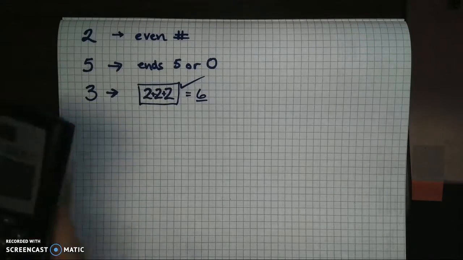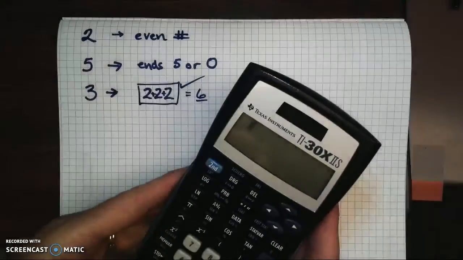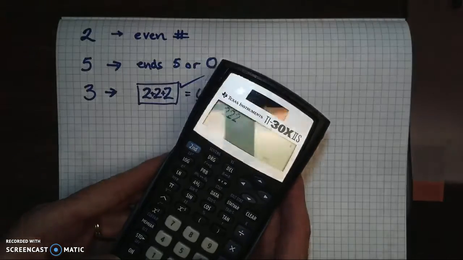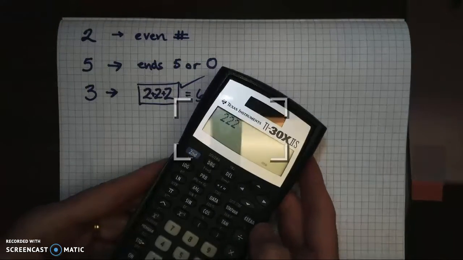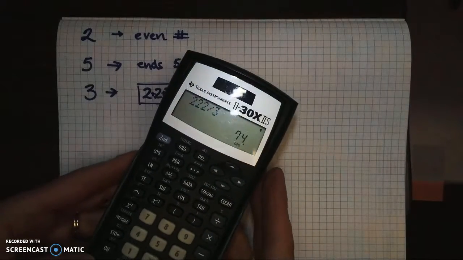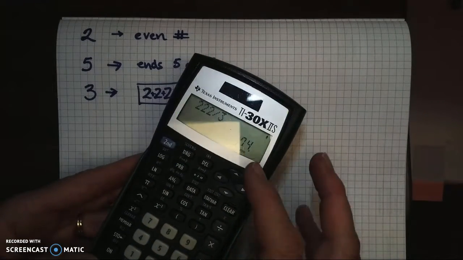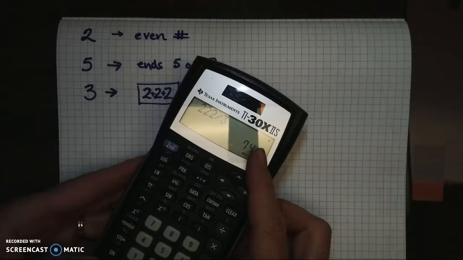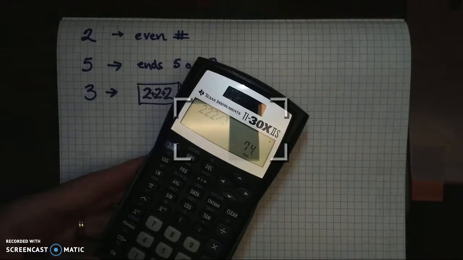I can prove it. 222 divided by 3 is 74. Look at that. It comes out evenly. So I know that 222 is definitely divisible by 3.